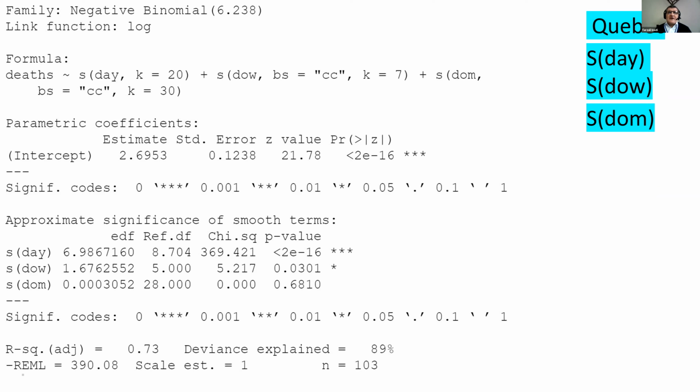This is, again for Quebec, day, day of week, and day of month. We see that the intercept is highly significant, day is highly significant, day of week is highly significant, but day of month is not significant. And adjusted R squared is 73.